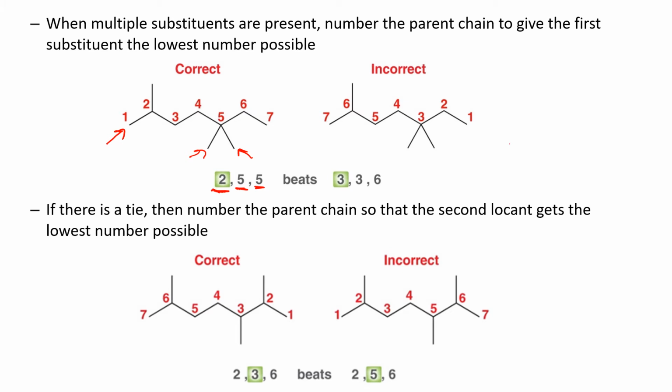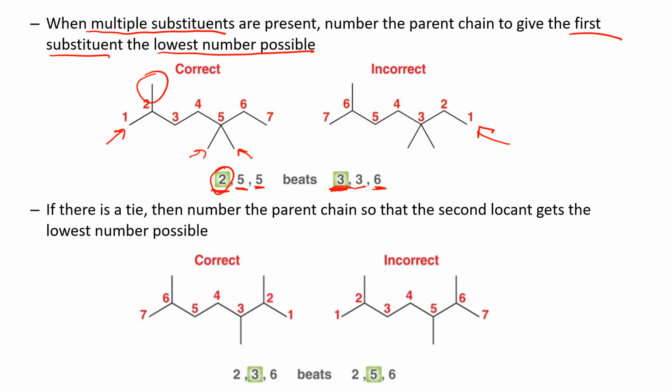If I started numbering from the right, my first set of substituents would be my two methyls at the 3 and 3, and then we have our last methyl at the 6. So remember, when multiple substituents are present, we want to give the first substituent the lowest possible number. Therefore, numbering from the left puts that methyl group at a 2, and a 2 beats the 3 if I started numbering in the other direction.